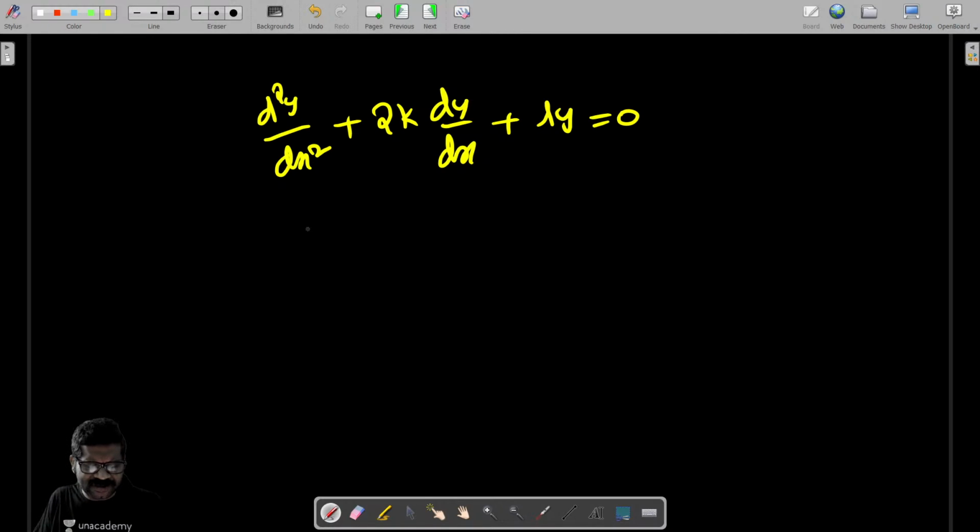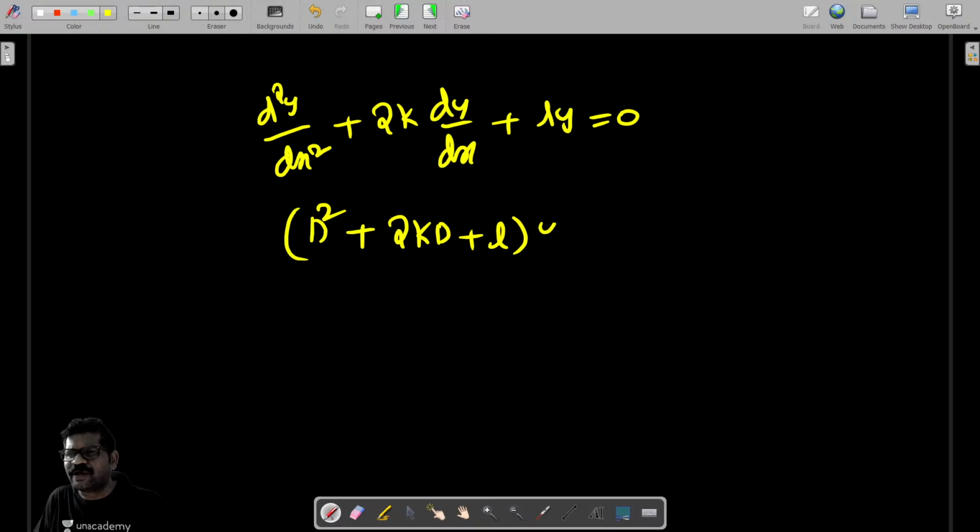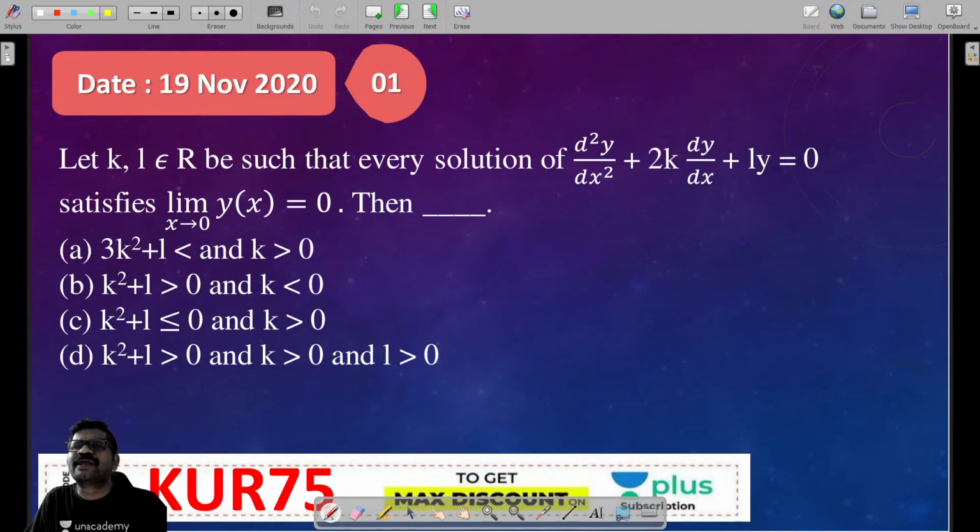That is, (d square plus 2kd plus L) of y equal to 0. Now here to identify the conditions, limit x tends to 0 y of x equal to 0.